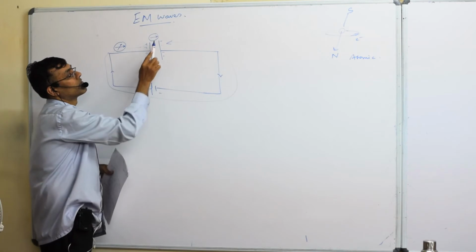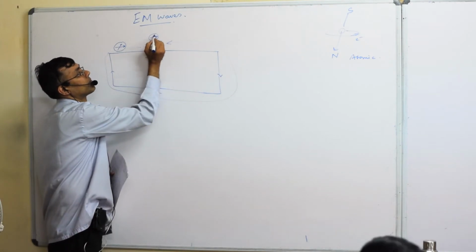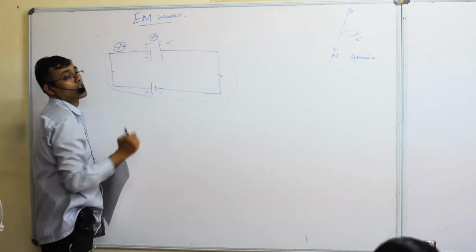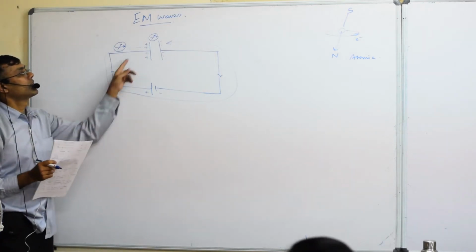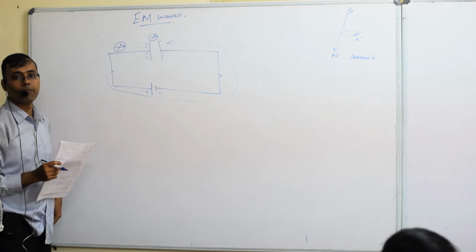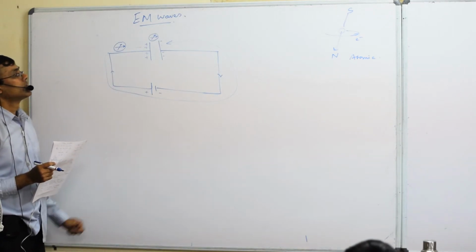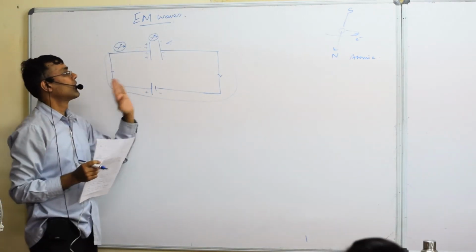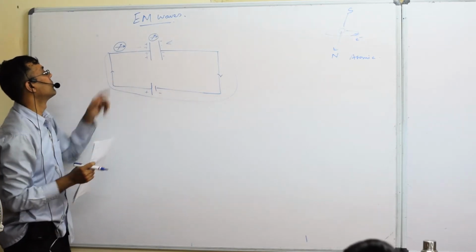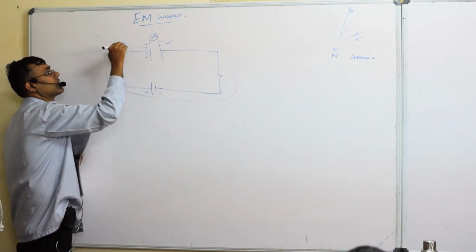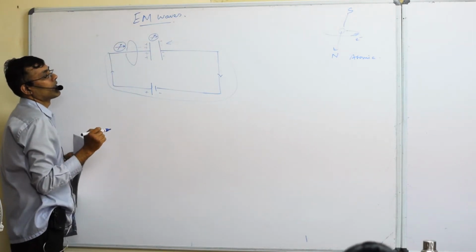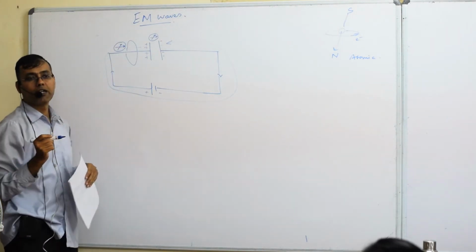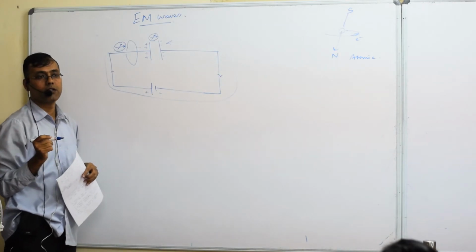But still, what they found, to their surprise, was that there was a deflection here also. So this is what led to the present understanding of, suppose I take this as the loop, right? Which law gives you the magnetic field around the current carrying conductor?